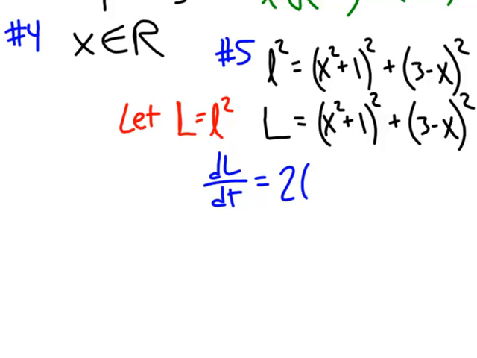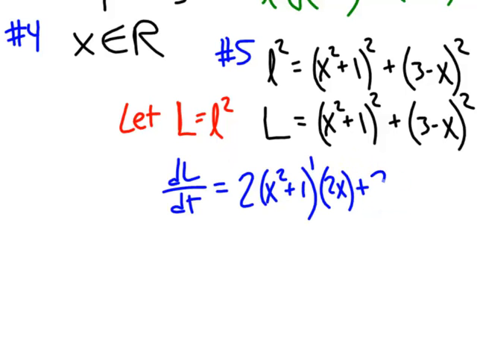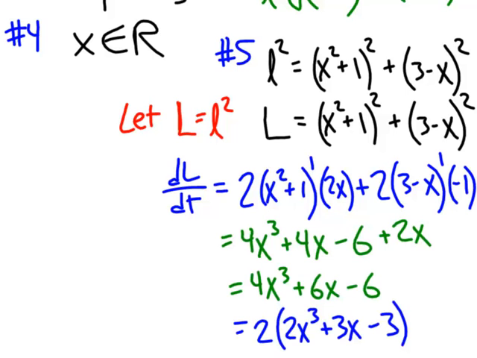So that's going to be 2 times (x squared plus 1) to the 1 power times 2x with the chain rule, plus 2 times (3 minus x) to the 1 power times negative 1 according to the chain rule. And if I distribute that all out and combine like terms, I'm going to get that. And I even have it in factored form there.